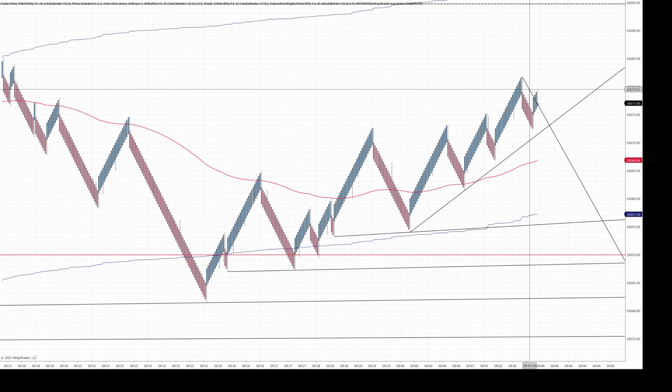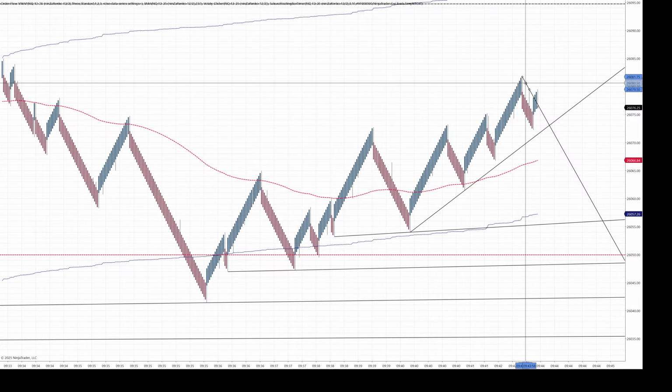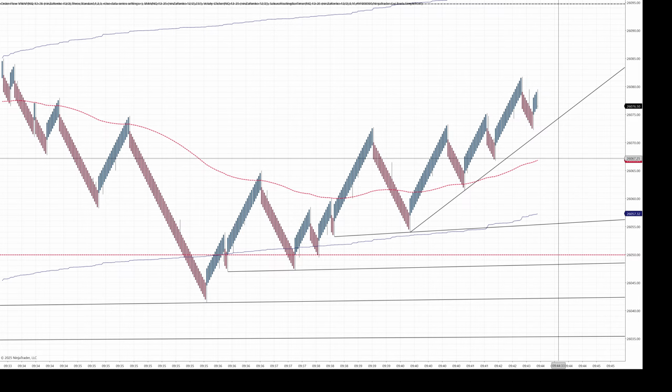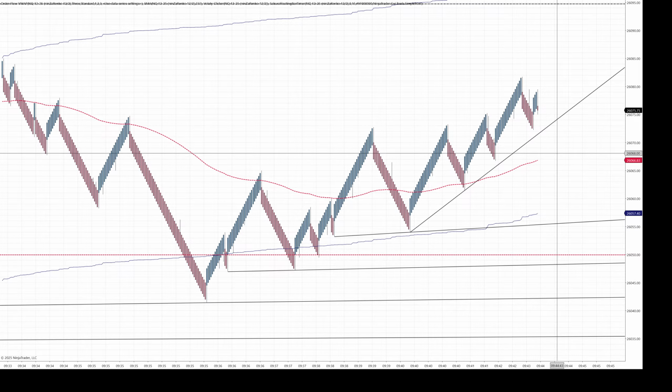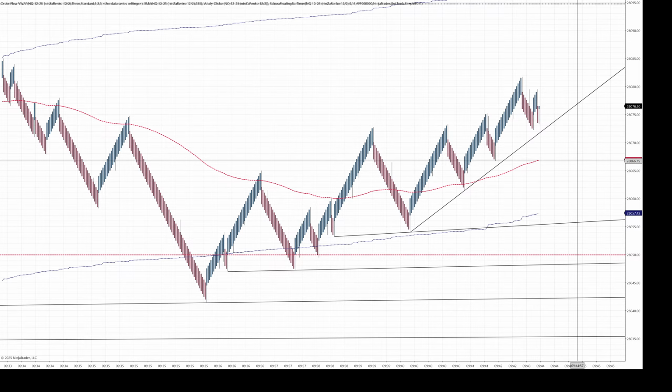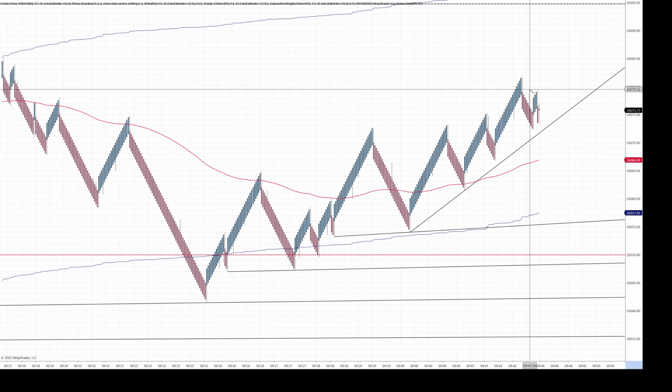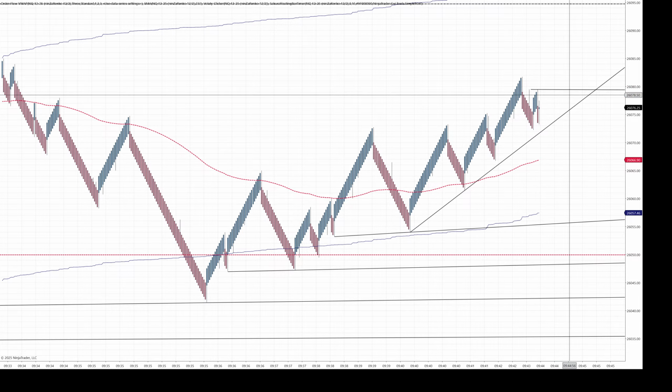We would have had this trend line, but we broke through it here. We have this double top here.